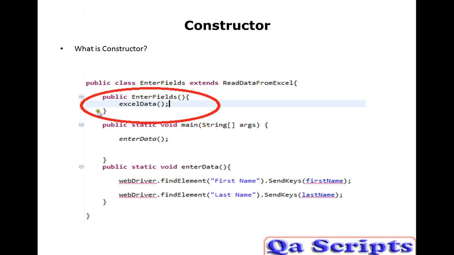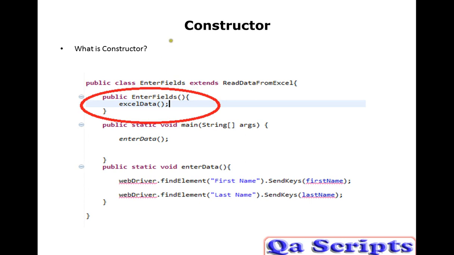If you look at the method, what I have written inside this circle is enter fields. The test script name, that is the class name, is enter fields, and the same enter fields keyword I am using to create one method. We call this method a constructor. So what is a constructor? A constructor is nothing but a method having the same name as the class.